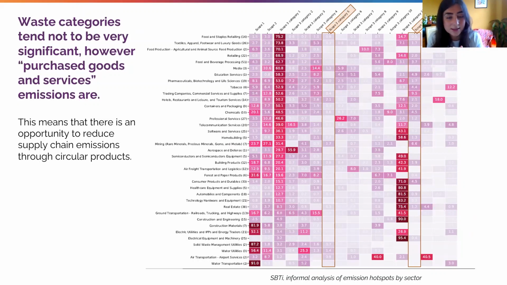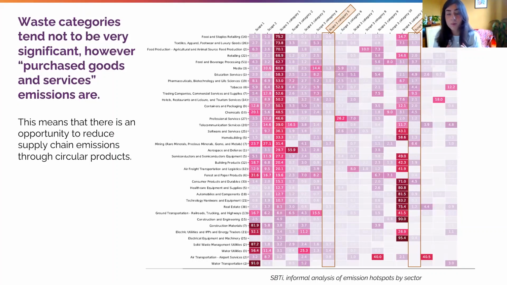It's an informal analysis, but what we can see here is that actually these two categories tend to be fairly immaterial for many different sectors. However, what tends to be very material, you'll see, is scope 3 category 1, which is purchased goods and services. And I think that is really where the opportunity lies when it comes to waste.